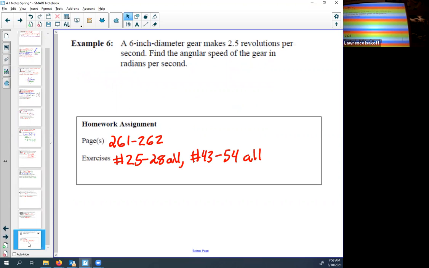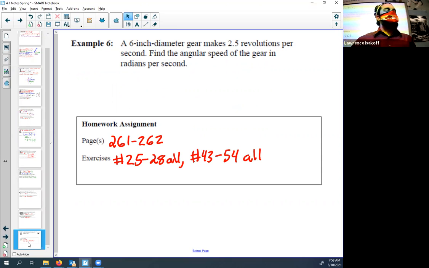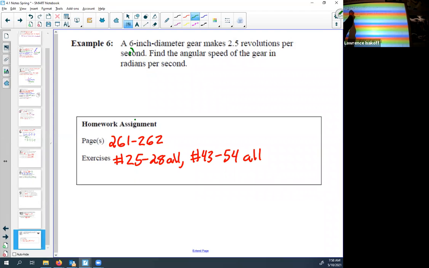So a 6-inch diameter gear makes 2.5 revolutions per second. Find the angular speed. So angular speed only deals with how fast the angle's moving. Since it's angular speed, that diameter means nothing in here.